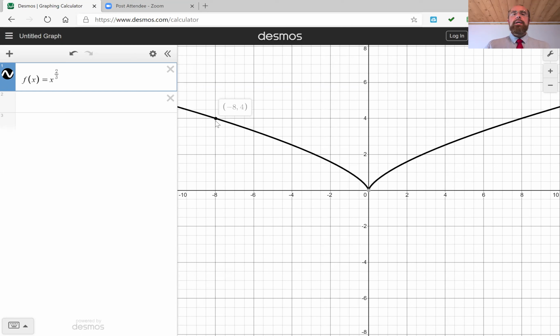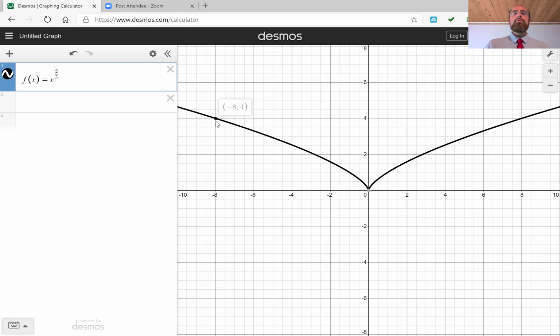When we look at our second criteria, does a limit exist at -8? Without rigorous algebraic manipulation, we can see from the graph that the left-hand side of that function as it approaches -8 is 4. It's also 4 as we approach from the right-hand side. So definitely the limit exists at -8.